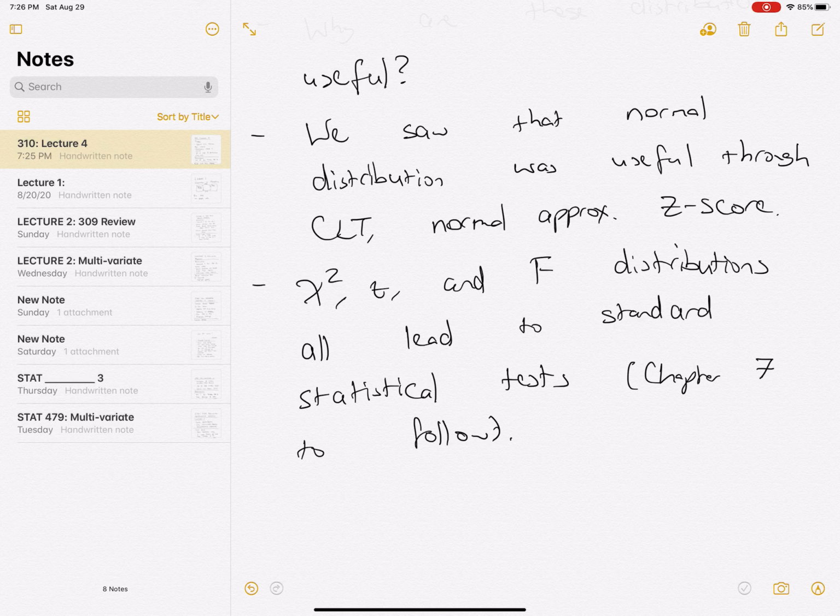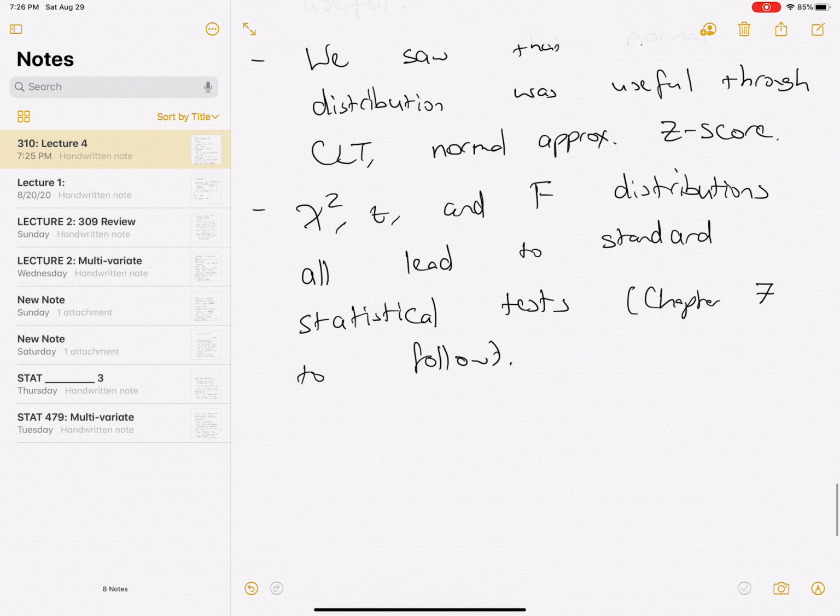Essentially, we're going to be doing similar things with the chi-squared, T and F distributions, but there we're going to be looking at different statistics or estimators other than the sample mean. These are all going to lead to different statistics and statistical tests, which we're going to see in chapter 7 and then chapter 9 later. So that's why these distributions are going to be useful.